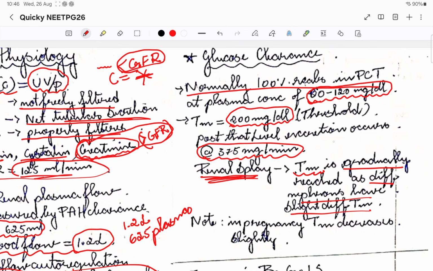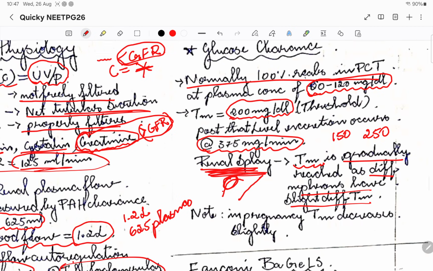Some of the nephrons will be at 150 only, and will stop reabsorbing glucose. Some of them will be at 250 and will still be reabsorbing glucose. So that is why when we see the graph, it is bent. It is not a straight line, it is bent because of this renal splay, because different nephrons have different TM values.